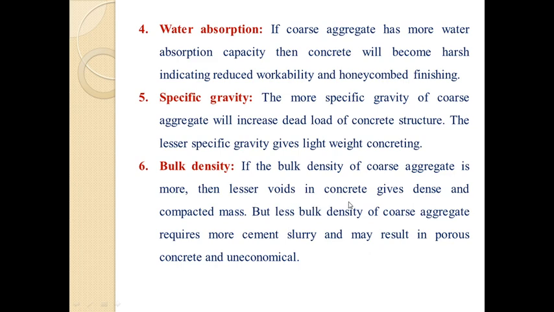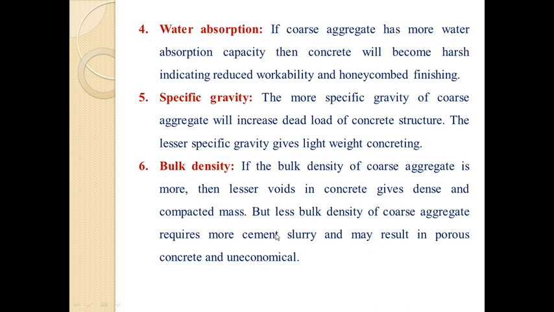If there are more voids in the concrete, we require more cement slurry to fill the total mass. So to avoid these voids, we have to use dense coarse aggregate such that it gives dense concrete and a compacted mass. So it is the economical one.